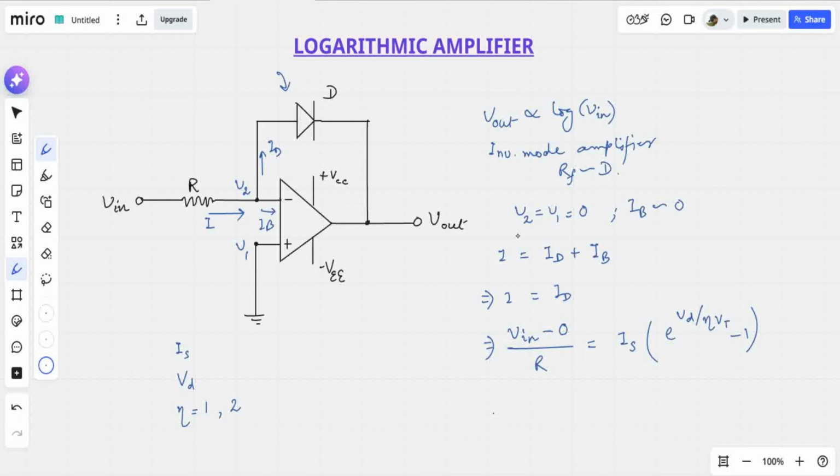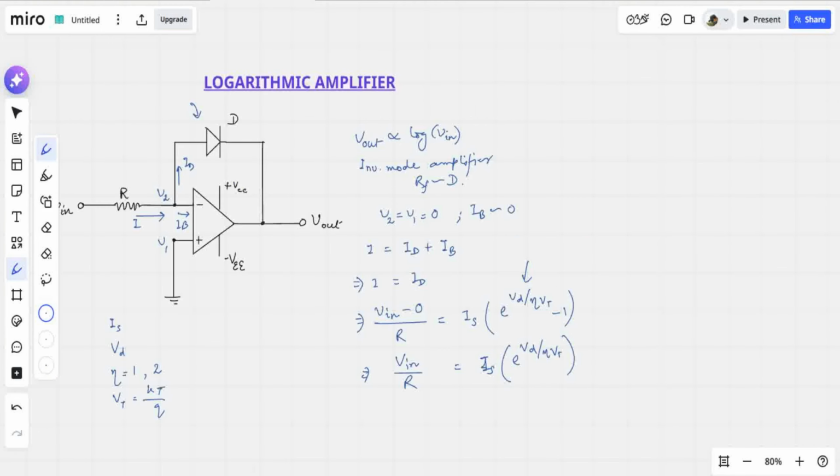Vt is the volt equivalent of temperature, and Vt equals kT by q. These are the diode equation constants. Here we can reduce this to e to the power Vd by eta Vt, and we can eliminate the minus 1 since the value of this term is much higher than 1. So we can neglect that part, and here we have Vin by R. Now moving ahead.